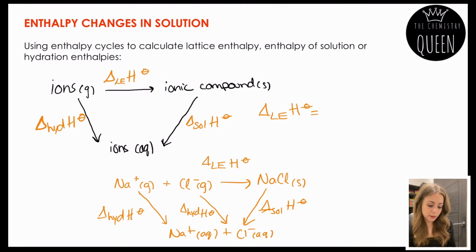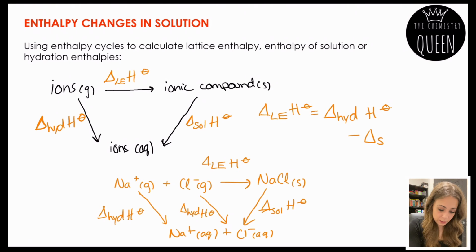I can calculate lattice enthalpy indirectly by forming these aqueous ions and then going to the sodium chloride ionic compound. And according to that, I will take the hydration values, and from that I will minus the solution value.